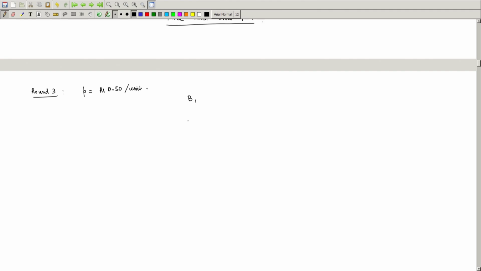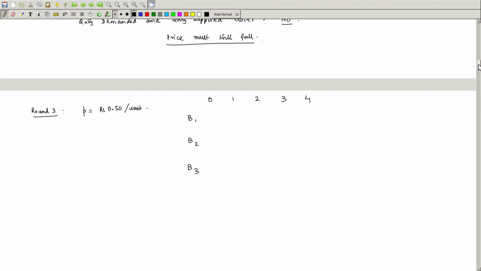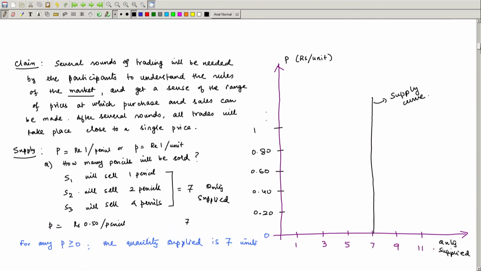We have buyer 1, buyer 2, buyer 3, the number of pencils that they can buy, right? And we will try and enter the net gains following the usual rule of net gain is equal to the worth minus what I pay in total. Okay, so let us look at a price of 0.5. So, this is what the buyer pays to buy a pencil. So, let us start with buyer 1.